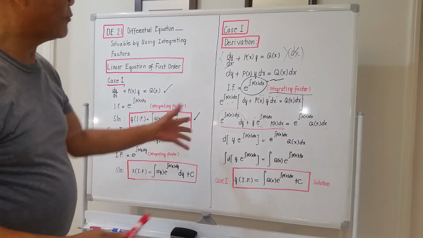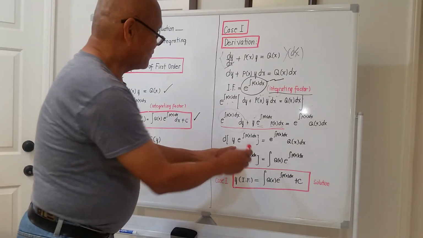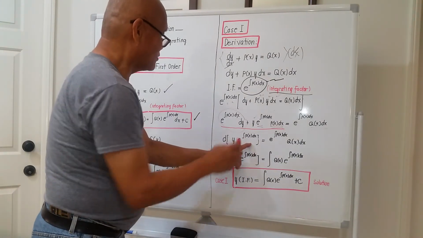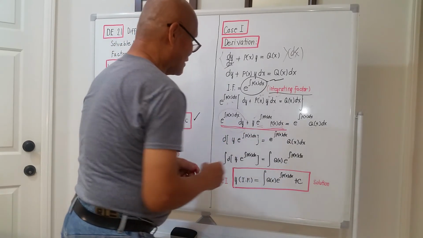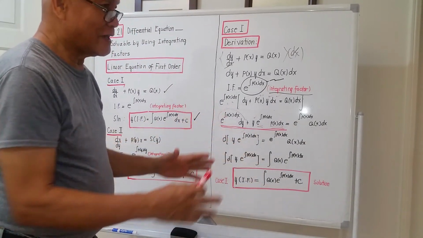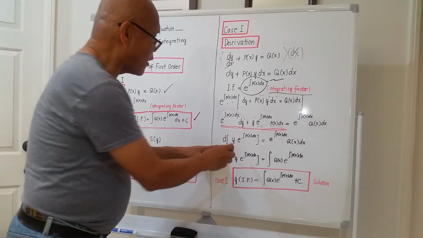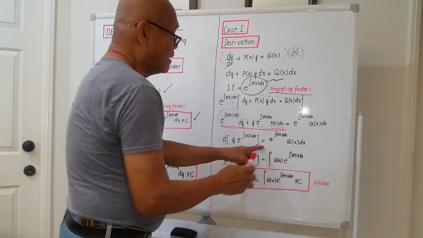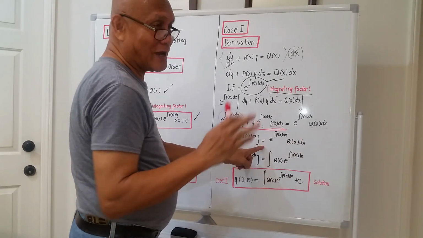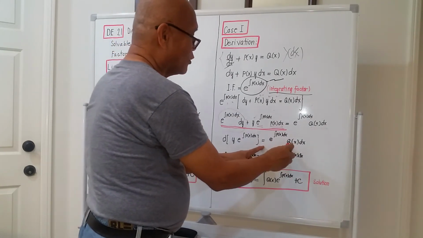You could do it yourself: the first times the differential of the second, plus the second times the differential of the first, and what comes out is the left-hand side. So the left-hand side can be summarized simply as the differential of the product of y times the integrating factor, and this equals the right-hand side, the integrating factor times q of x dx.